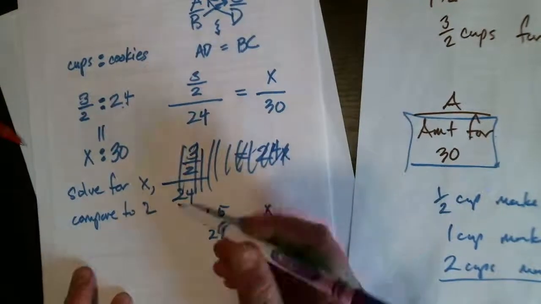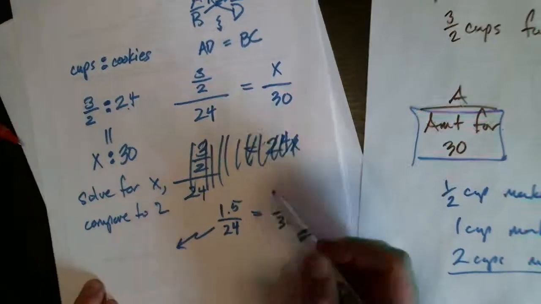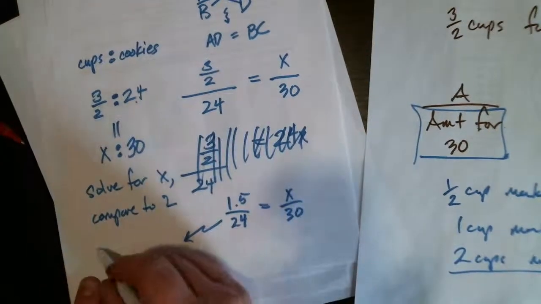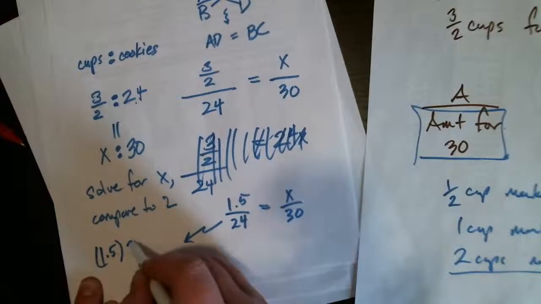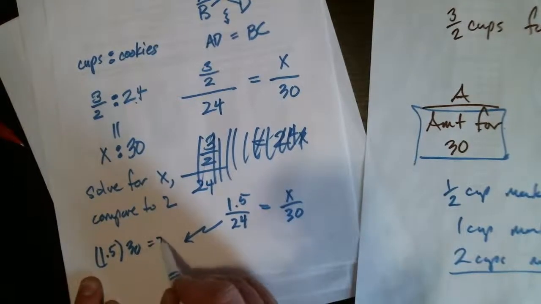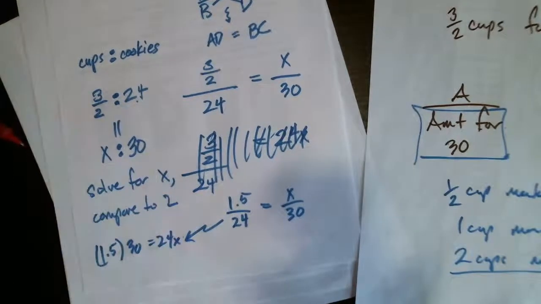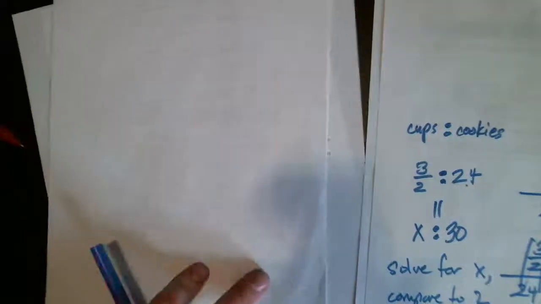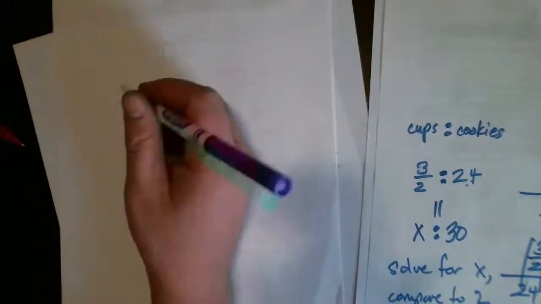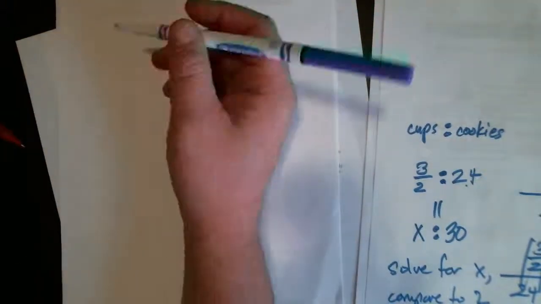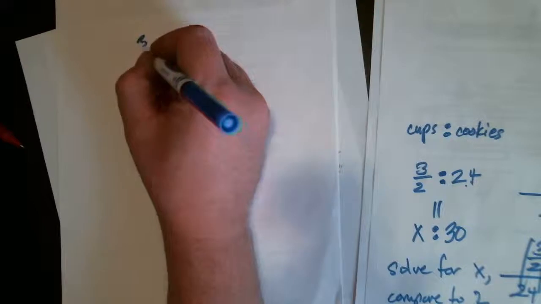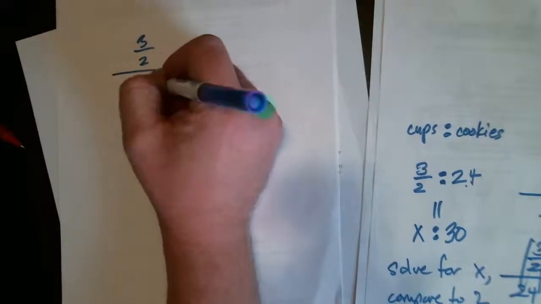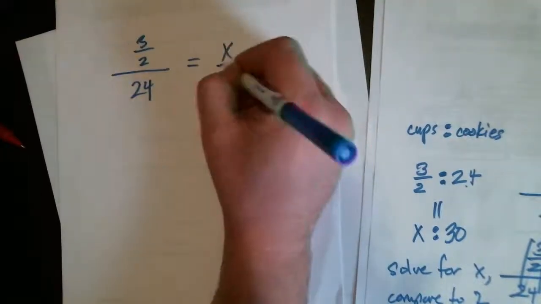And now this is clearly 1.5 times 30 equals 24x. But also, cross multiplication is sort of a crutch, in that what we really have is 3 halves over 24 equals x over 30.